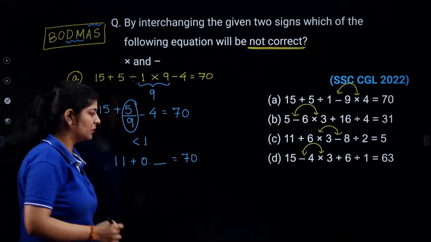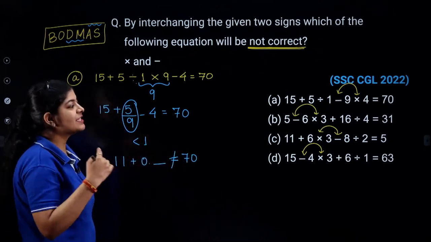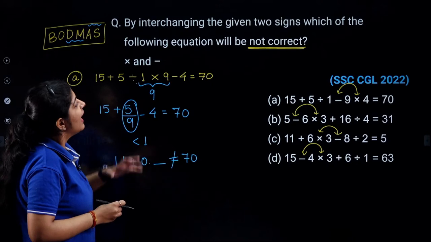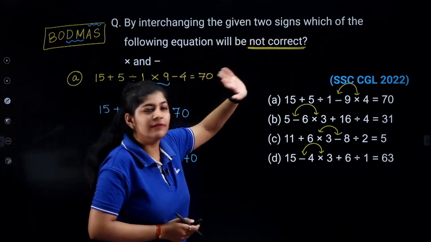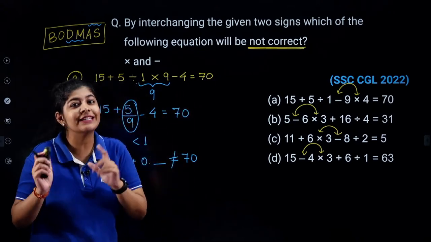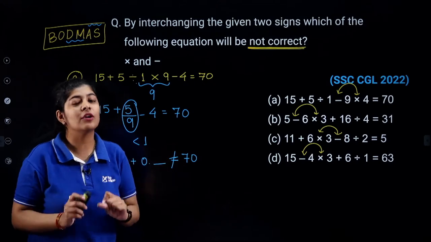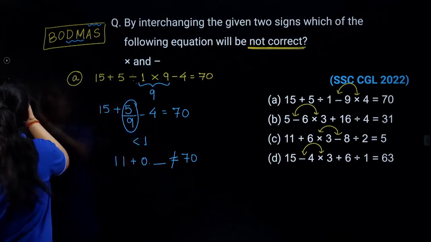Is it correct? No. Basically this is not equal. We need to identify the not correct one, and here we are getting it. But we just need to cross-check the other equations as well, whether they are correct or not. So let's move on with option B.